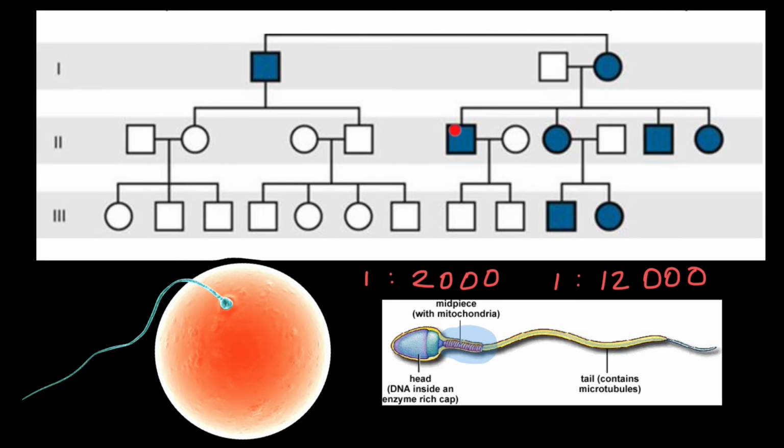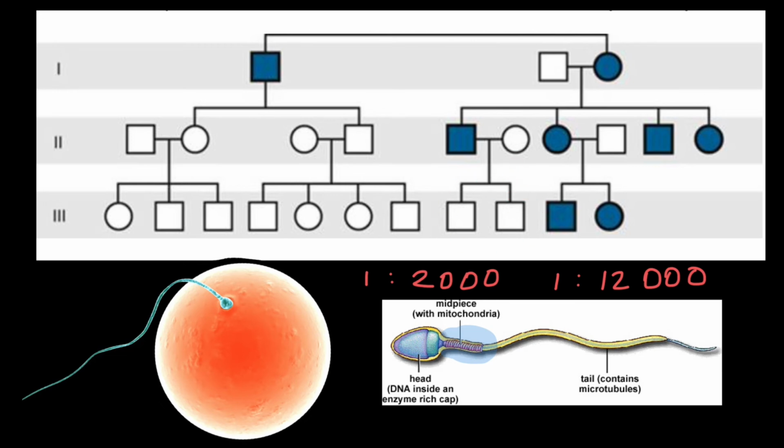For example, this male also transmits this mitochondrial disorder to his progeny, but his defective mitochondria are outnumbered by as much as 1 to 12,000 by normal mitochondria from his wife.